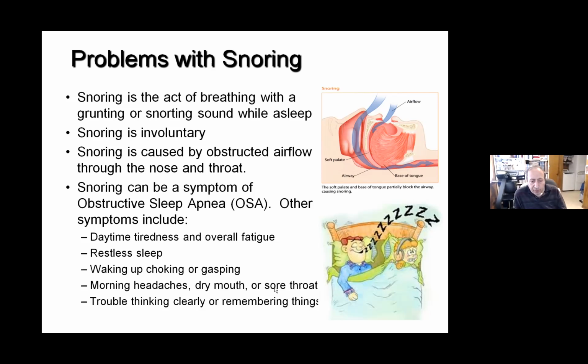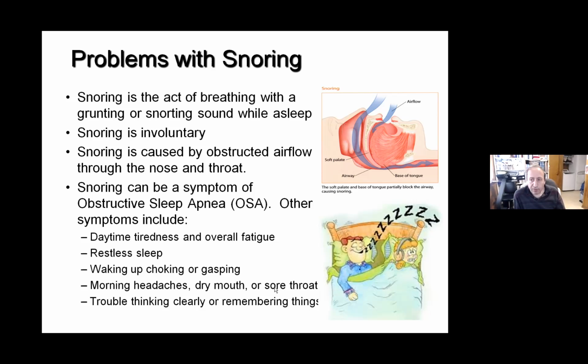This is usually a symptom of obstructive sleep apnea. There are things you can buy on Amazon, for example, to expand your nose a little bit, or some kind of pillow that can help with snoring. You can also do some surgery if there is some obstruction.